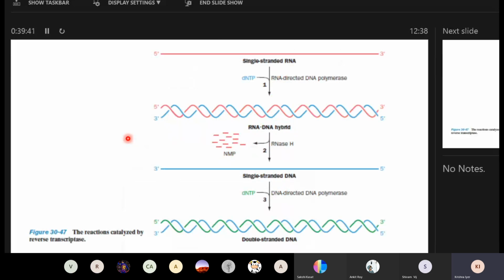Okay. For example, as shown here, if I have single-stranded RNA and I'm able to use this single-stranded RNA as a template in order to make a complementary strand of DNA, then that enzyme is referred to as an RNA-directed DNA polymerase, or sometimes it is called RNA-dependent DNA polymerase, which means it is able to make a DNA polymer, but it does so by reading RNA as a template strand.